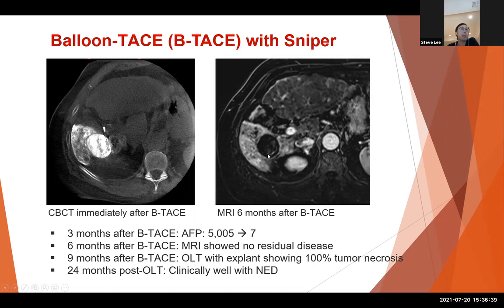And then the 6-month post MRI showed no residual disease. And eventually the patient underwent orthotopic liver transplantation, and the explant pathology showed 100% tumor necrosis. And 2 years after liver transplant, the patient's still doing clinically well without any evidence of disease.